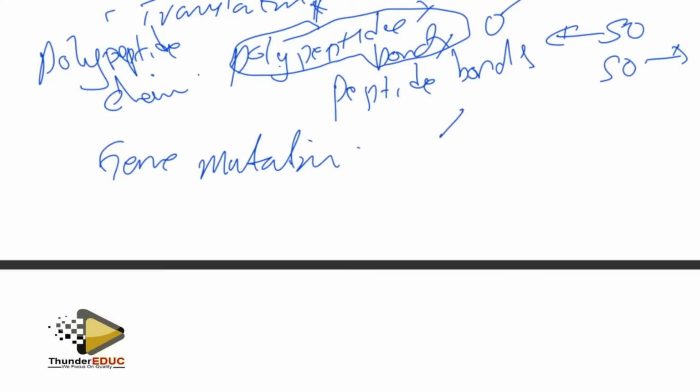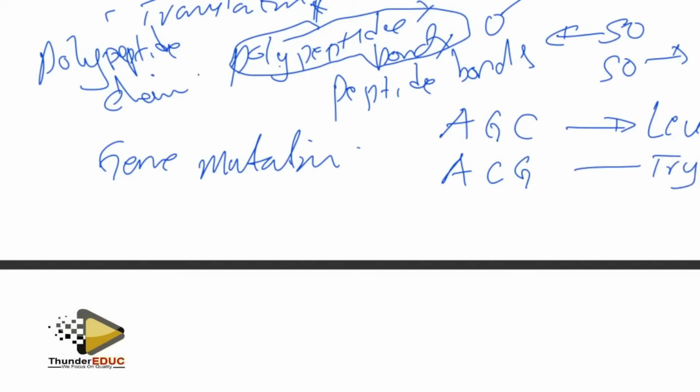If you have A, G, C, and this codes for leucine, and you have A, C, G here, and this codes for tryptophan, and then you have A, C, G, and this also codes for leucine.